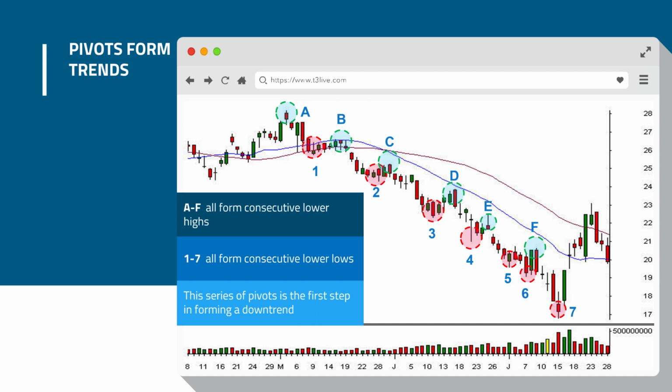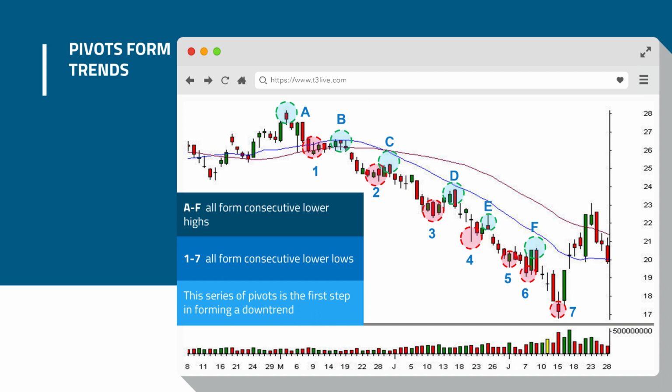And then, as I said, pivots create trends. If you have consecutive higher lows, 1 through 6, those are pivot lows or low pivots. Consecutive higher highs, that's letters A through D. That's what creates an uptrend. So an uptrend is defined as higher lows and higher highs.